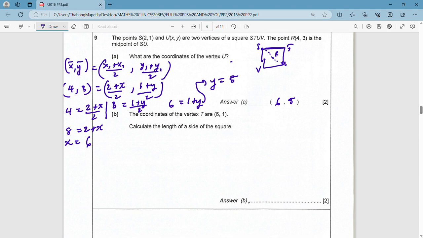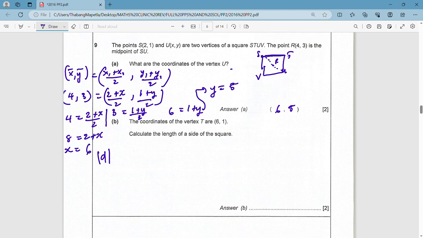And therefore, for the distance between 2 points, we are simply going to say x1, y1, x2, y2. So for distance, we are simply going to subtract the 2. But make sure you subtract them uniformly. If you're starting with the 2s, start with the 2s for all the components.